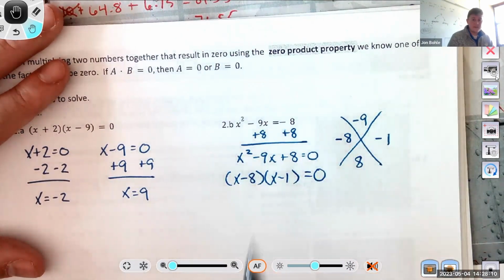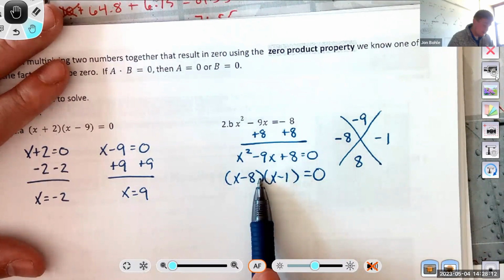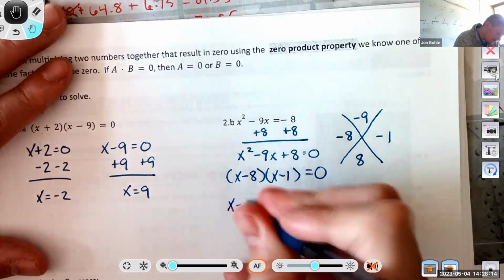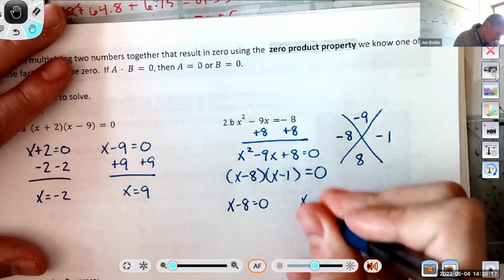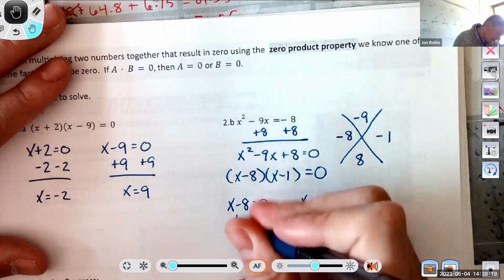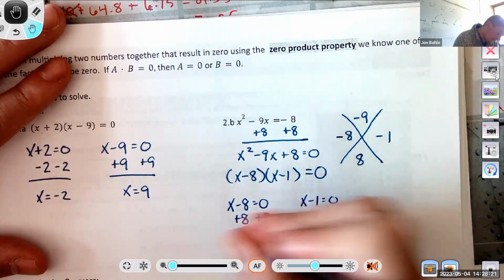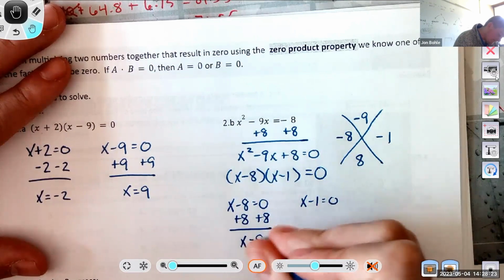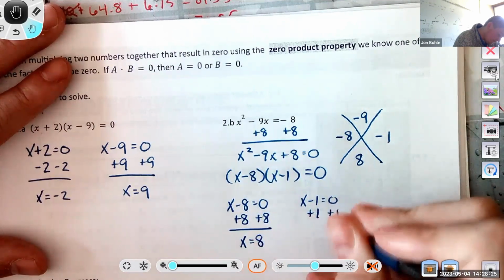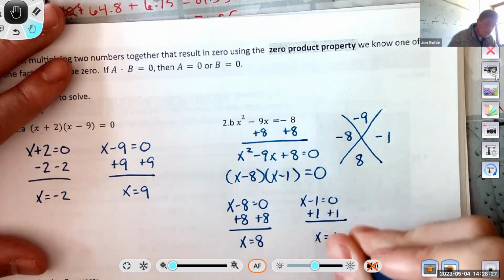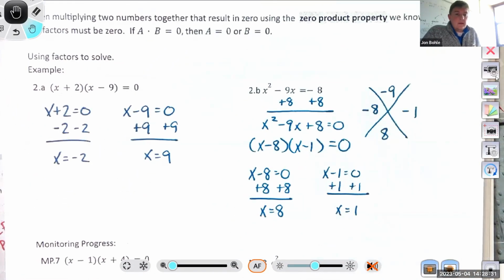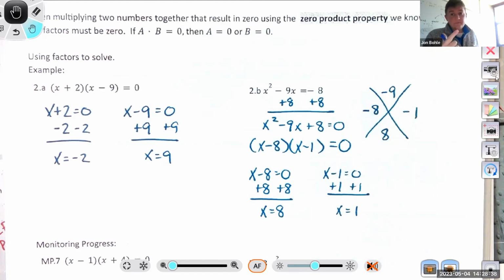Zero product property tells me that either x minus 8 equals 0 or x minus 1 equals 0. So again, set equal to 0, factor, set each factor equal to 0, three steps.